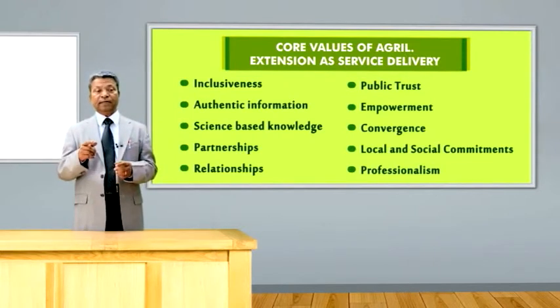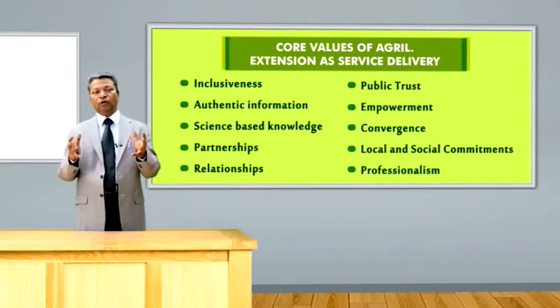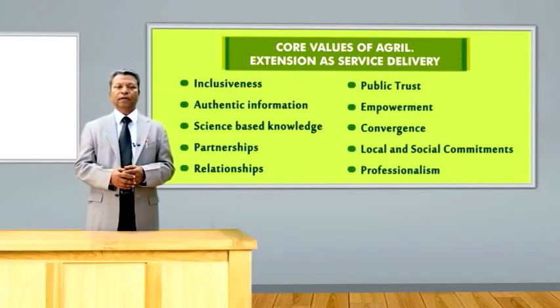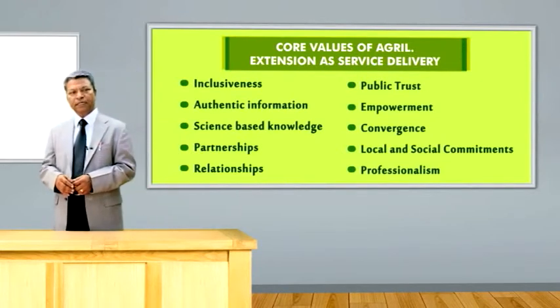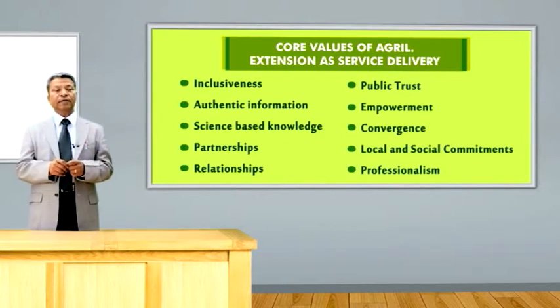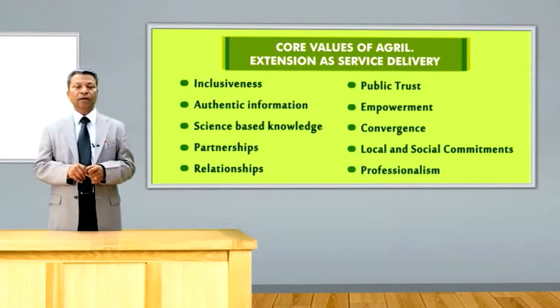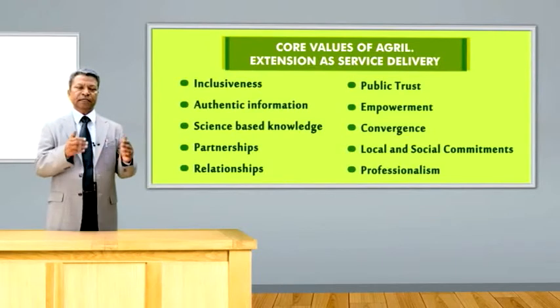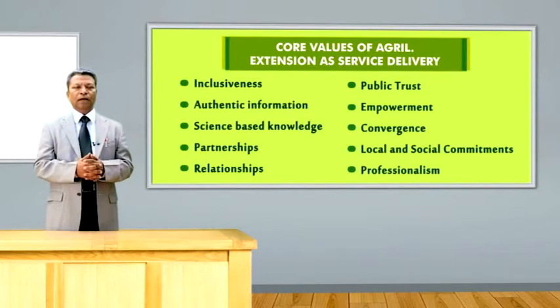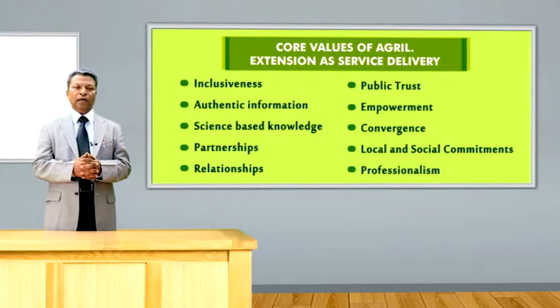There has to be public trust and public confidence in your innovation. Empowerment of the farmer is another value that the extension agent must see. Convergence of efforts at the field level. There has to be local and social commitment and professionalism. These are the core values of agricultural extension.